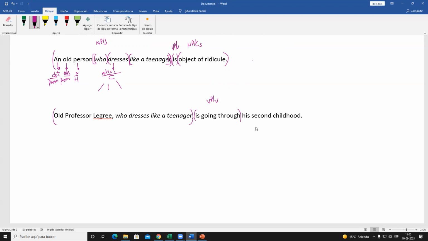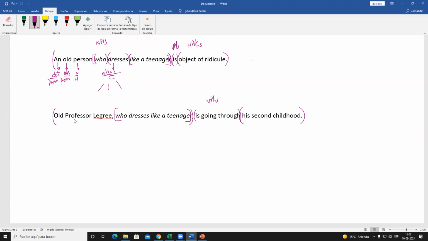Este es el sujeto. Is going through what? His second childhood. Old Professor Degree is going through his second childhood. ¿Tiene sentido? Sí, tiene sentido. Old Professor Degree, who dresses like a teenager, is going through his second childhood. Para entender que está en su second childhood, necesito saber que who dresses like a teenager. En el segundo caso, yo diría que no.